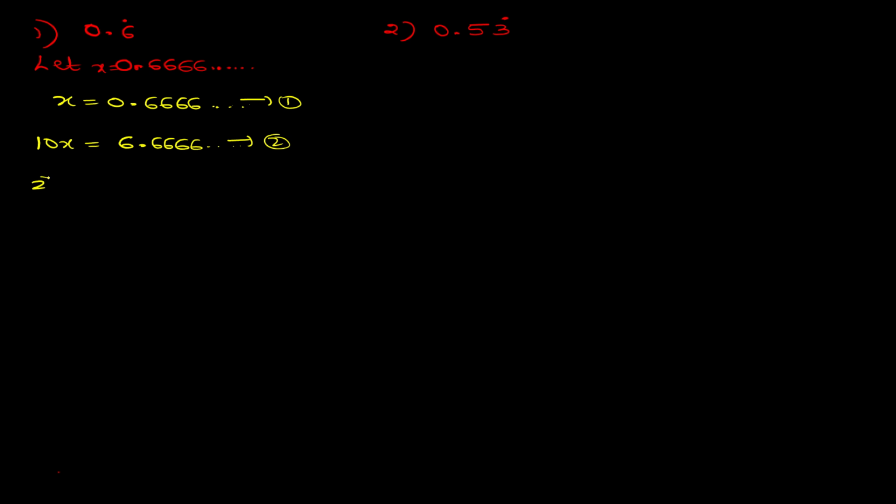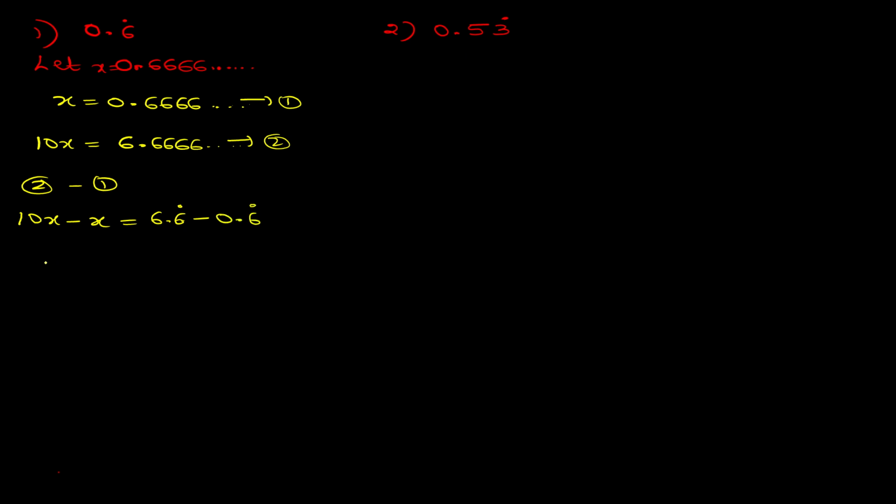The next step is equation 2 minus equation 1. In equation 2 I have 10x, subtract equation 1, that is x, equal to 6 dot minus 0.6 dot.